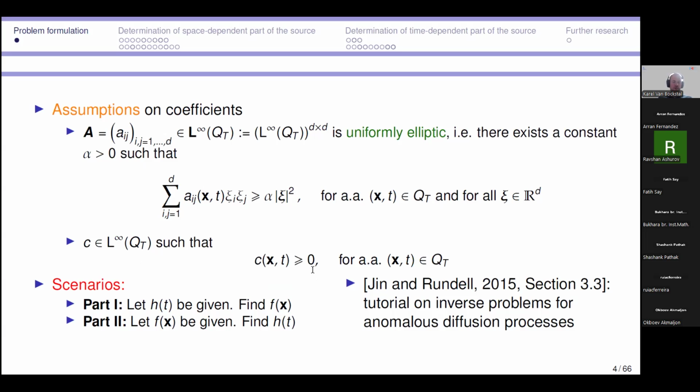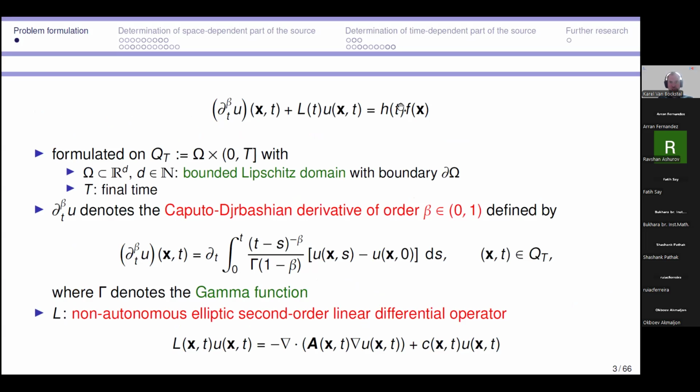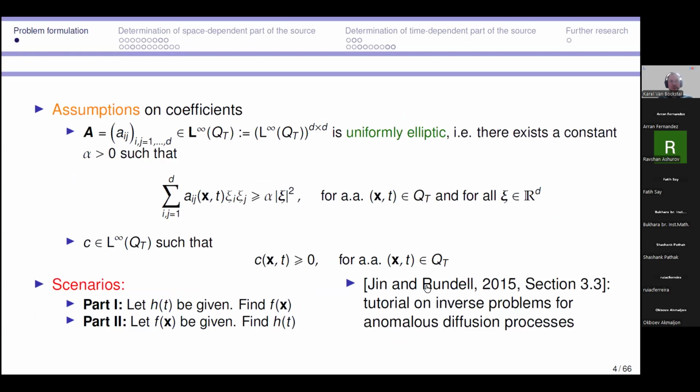And so we have two scenarios, as I mentioned. First is that h(t) is given in the source, and we would like to determine f(x). This is the first part, and in the second part, I will assume that f(x) is given, and I want to determine h(t) from a suitable measurement.